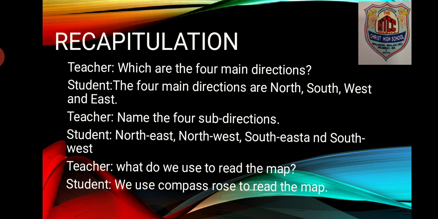Next one, what do we use to read the map? We use the compass rose to read the map. Now I have shown you what a compass rose is. The compass rose shows all the directions with the sub-directions.